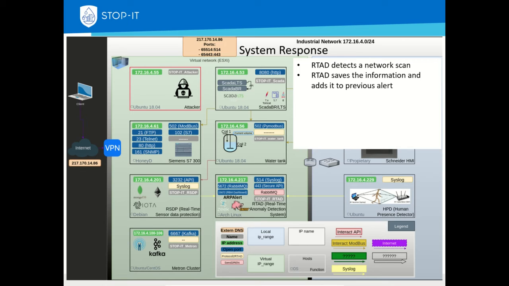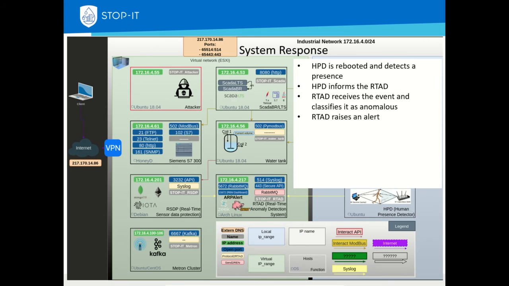Next step is the network scan, which AirTag detects and saves information about it. If we have enough data, we could correlate with the previous IP being the same, and we could increase information available in the previously raised alert.